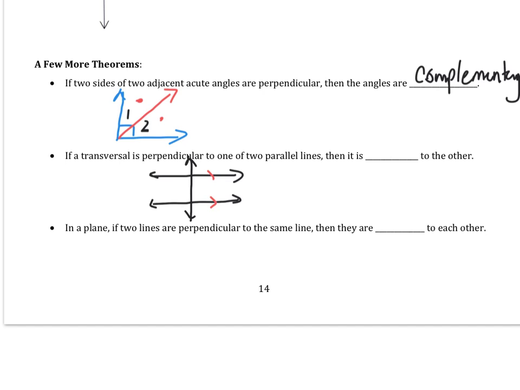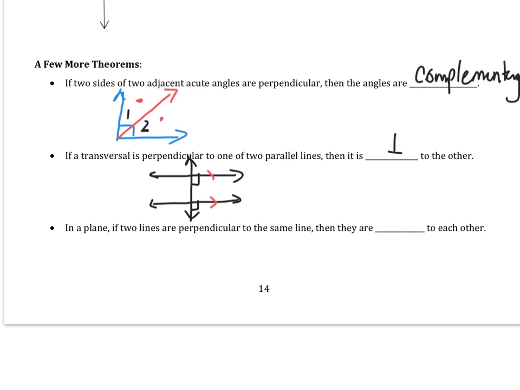Okay, so there you go. So perpendicular, I'm going to put in that right angle. Well, if it's perpendicular to one of them, then that means it is going to be perpendicular to the other, because if the lines are parallel, then the corresponding angles are congruent. So it is perpendicular to the other.